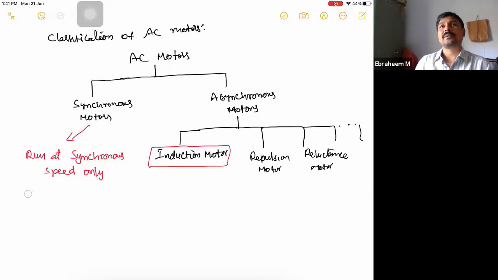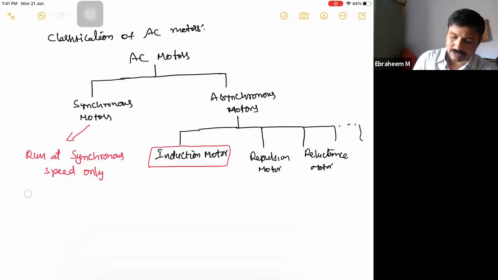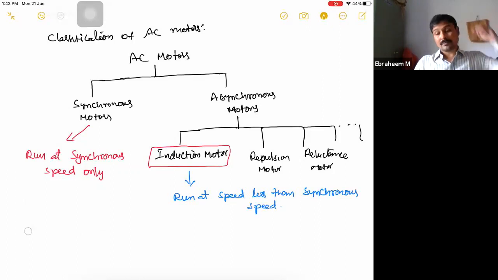They are absolutely constant speed motors. These asynchronous motors run at speeds less than synchronous speed.